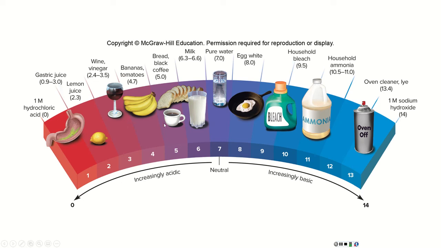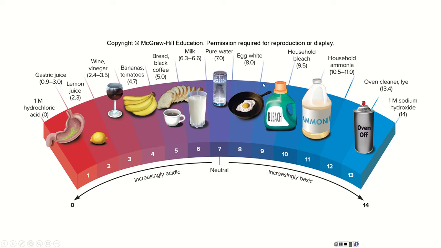Now, typically when we think about acids, we think, oh, that's something like battery acid or stomach acid. And, yeah, that's true way down at the low end of the chart. But things like bananas, coffee, milk, those are acidic also. So acids don't necessarily mean that they are super corrosive and bad for you. Yes, the lower we get, the more corrosive they become.